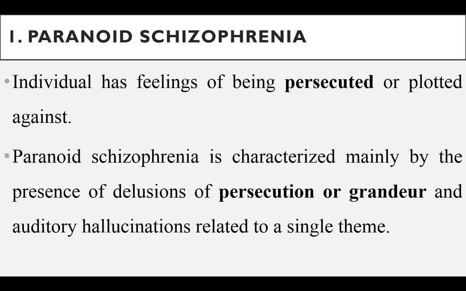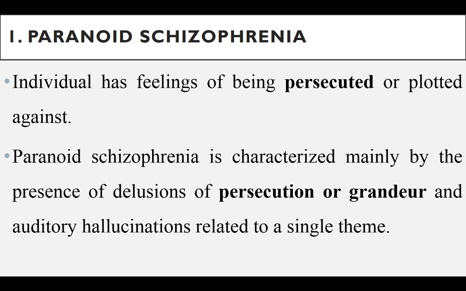Paranoid schizophrenia is characterized mainly by the presence of delusion of persecution or grandeur and auditory hallucination related to a single theme. We have discussed all those themes of delusion in the clinical discussion. Right now, just relate to that.